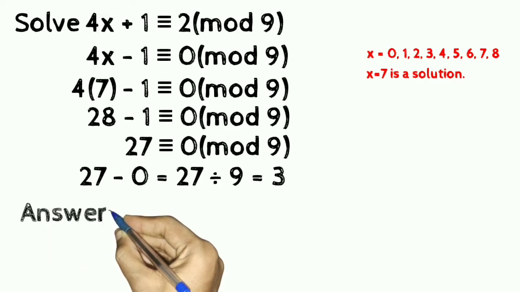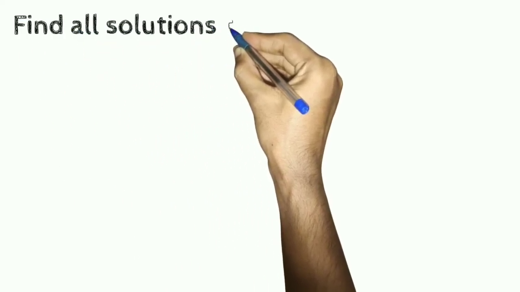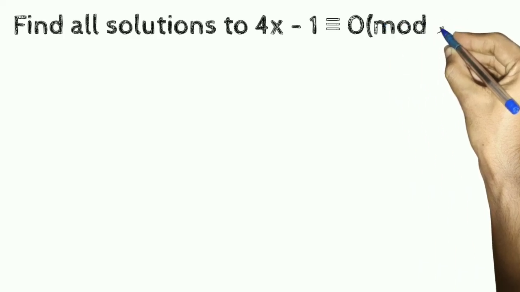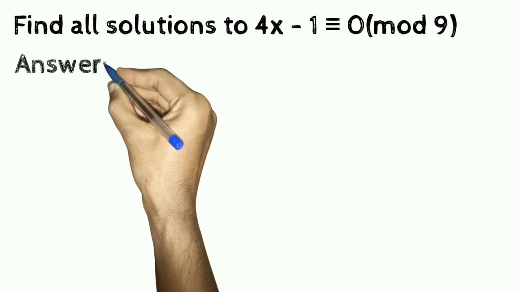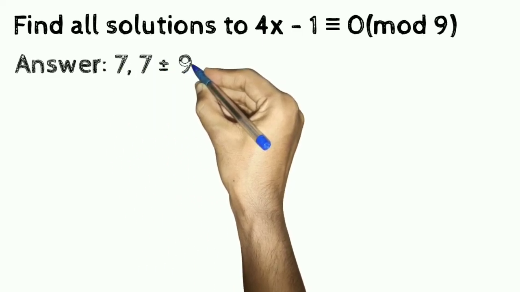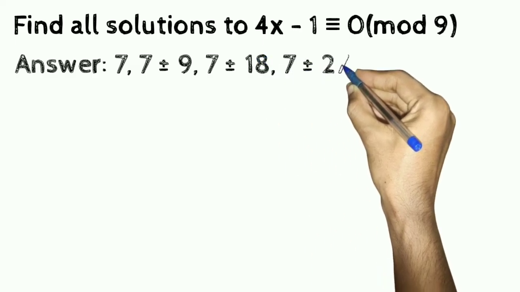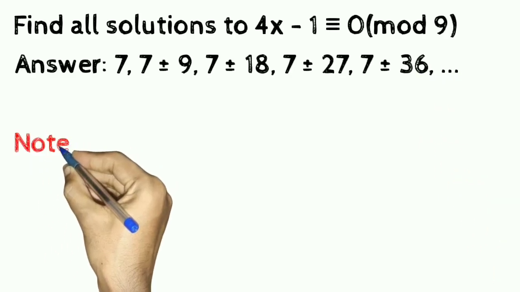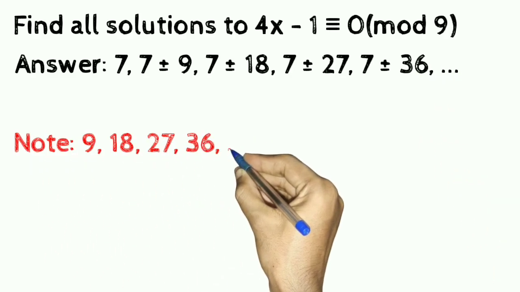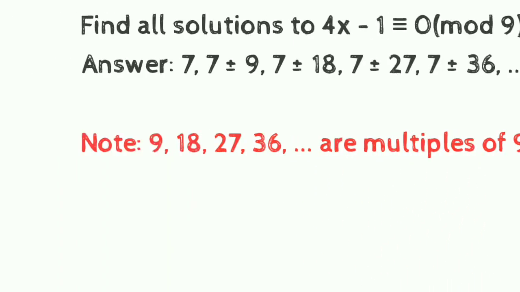Or our answer is 7. But if the question is to find all the solutions, then the answer should be the set of numbers 7, 7 plus or minus 9, 7 plus or minus 18, 7 plus or minus 27, and so on. Take note that 9, 18, 27, and so on are all multiples of 9.